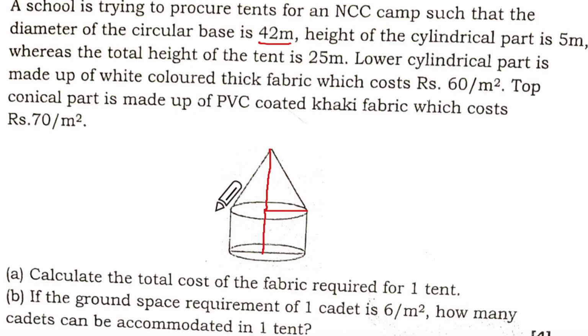The height of the cylindrical part. So from here to here, this is 5 meter and the diameter is 42. So this radius will be equal to 42 upon 2, which is 21 meter.